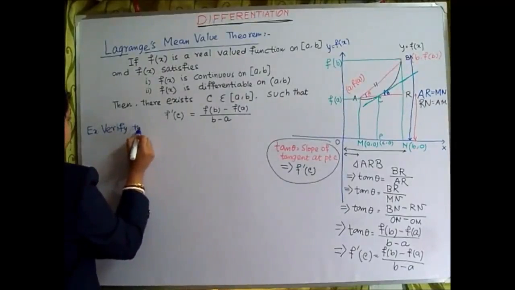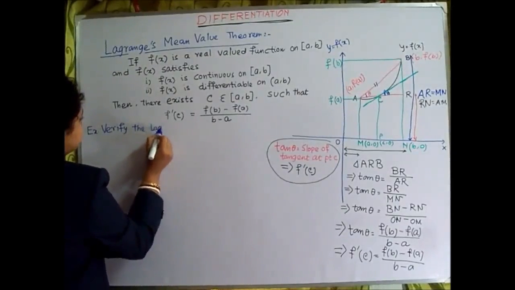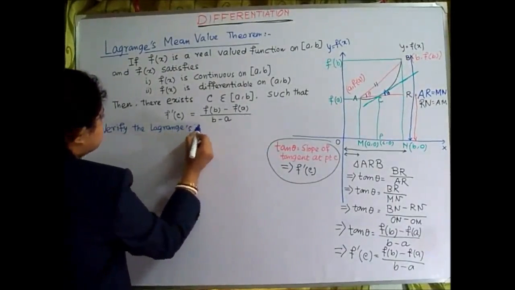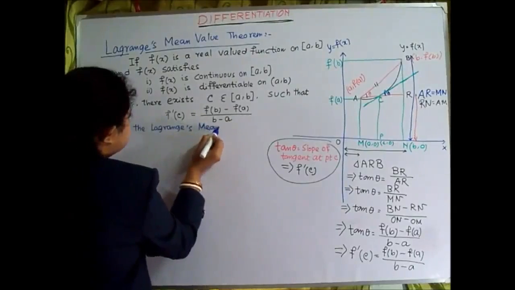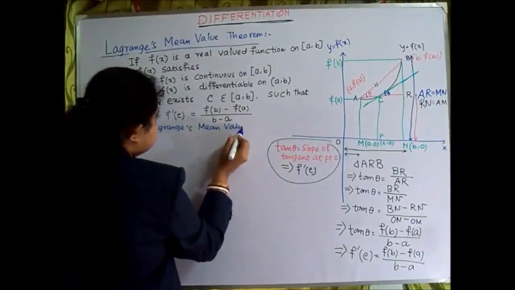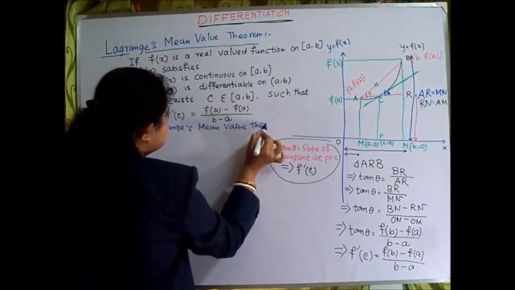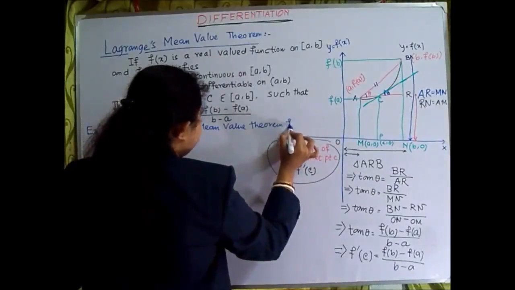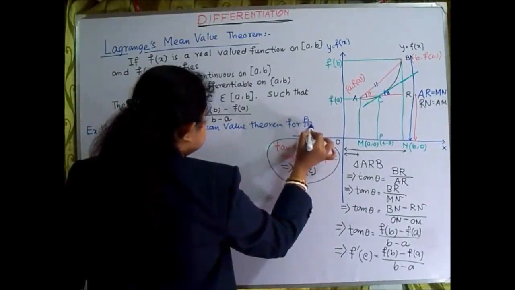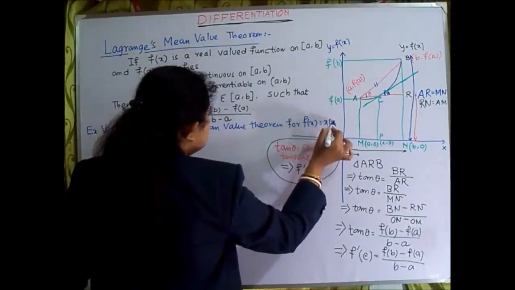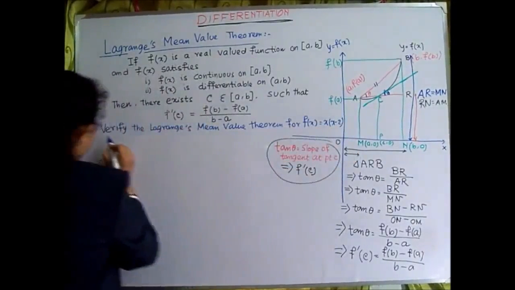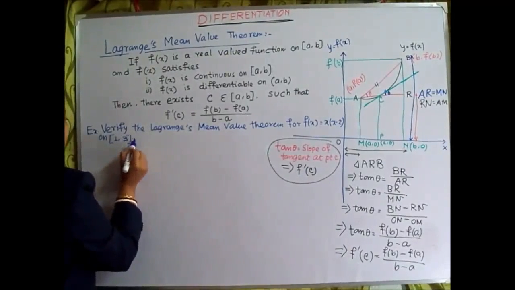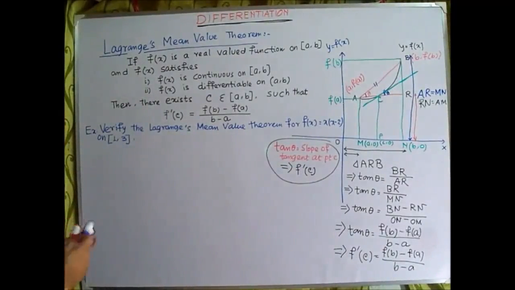Verify the Lagrange's mean value theorem for Fx is equal to x into x minus 2 on the closed interval 1, 3, right?